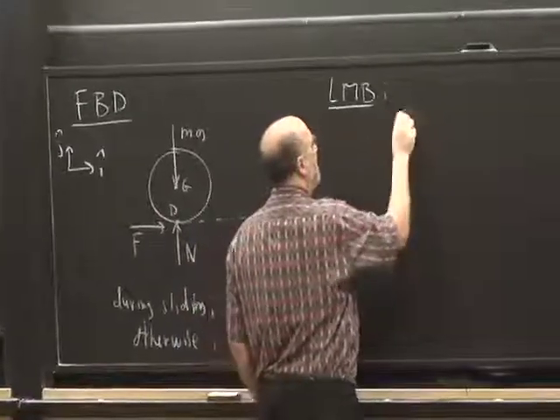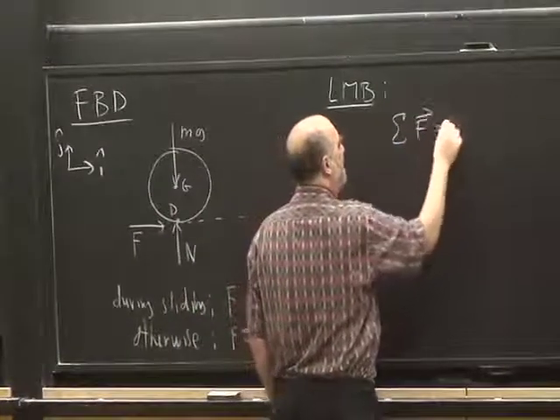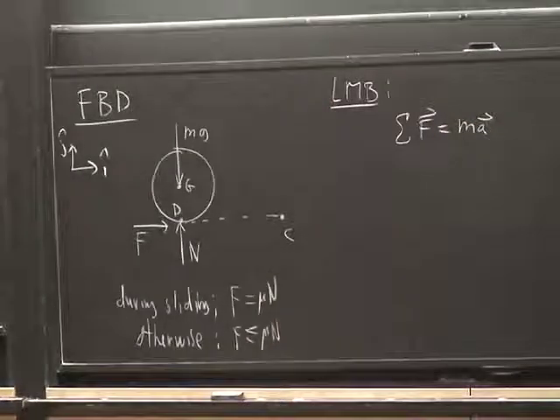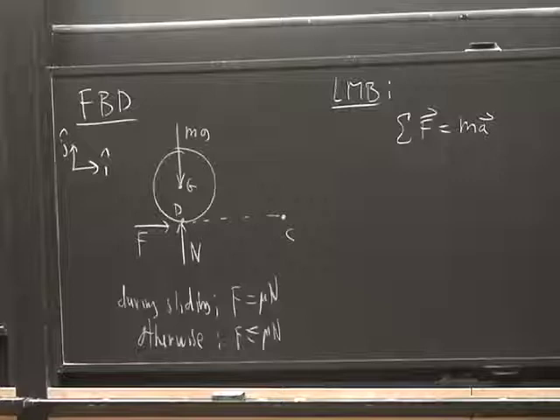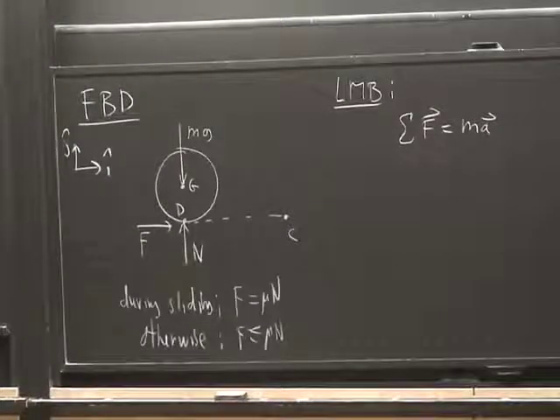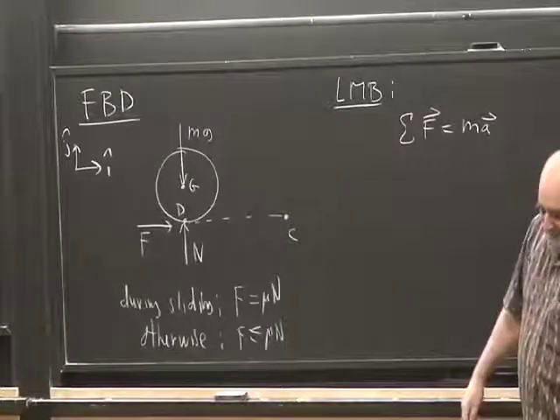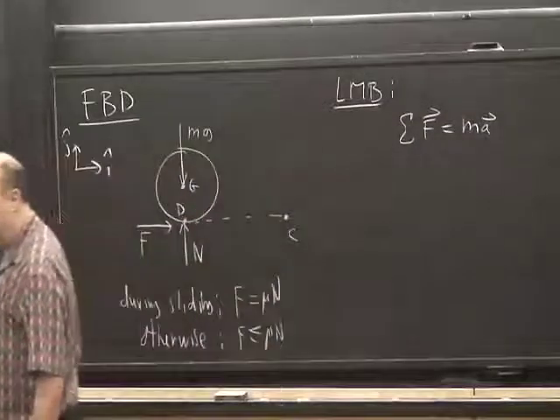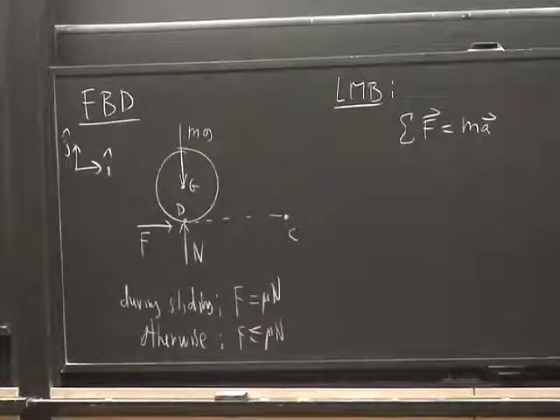Linear momentum balance says that the sum of all the forces on this thing is mass times the acceleration. Note that in what I call the linear momentum balance equation, we don't see linear momentum at all. We see the rate of change of linear momentum. That's a funny thing in my vocabulary. I learned it in graduate school, so I think I'm not the only one who uses it. But linear momentum balance has to do with the rate of change of linear momentum, most often.